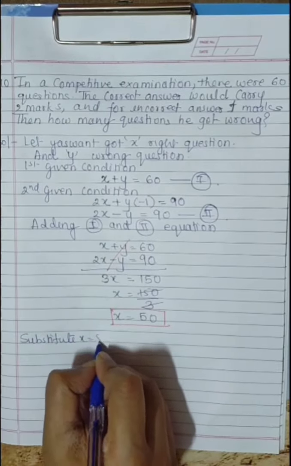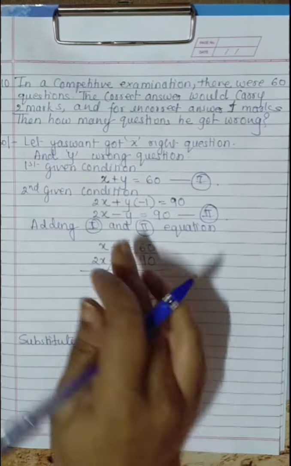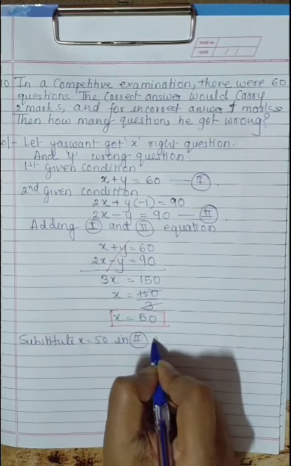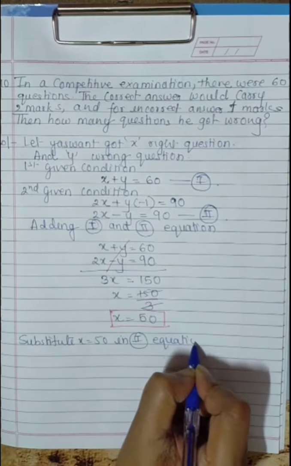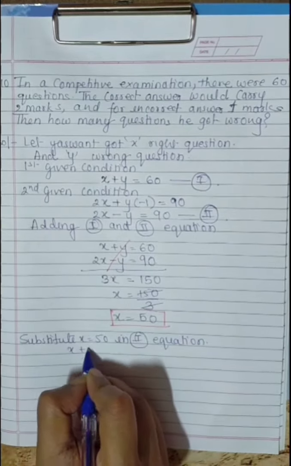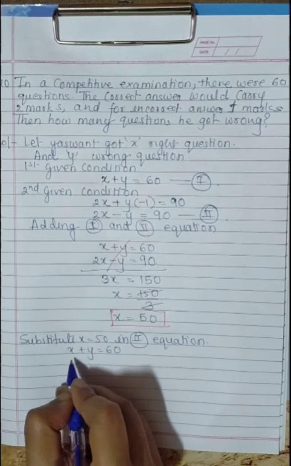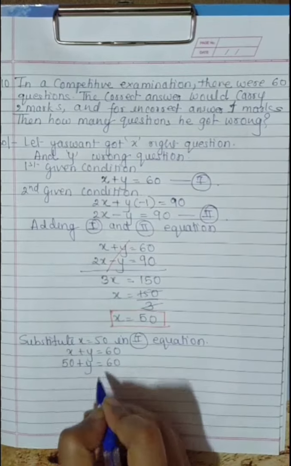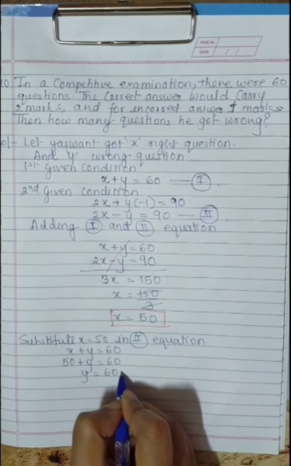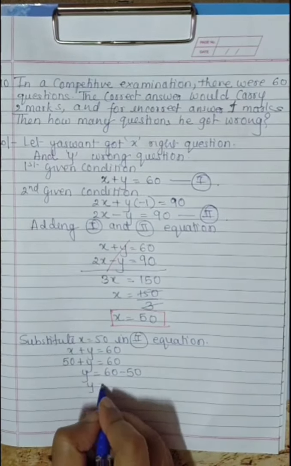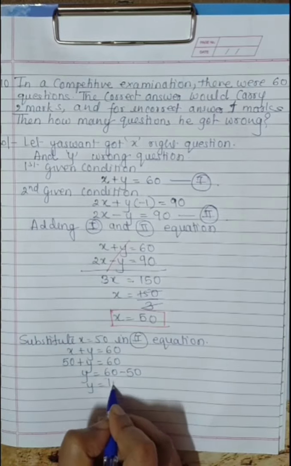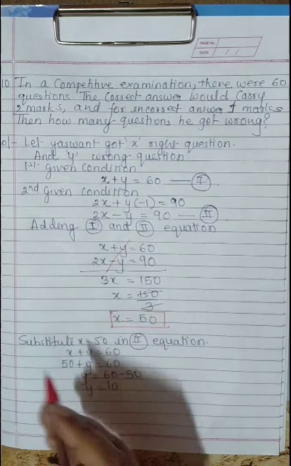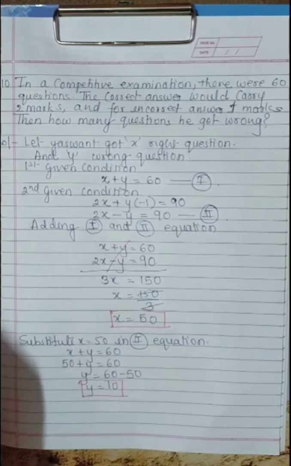Now we are going to substitute the value of x, which is 50, in the first equation. Okay, now x plus y is equal to 60. In the place of x we'll write 50 plus y equal to 60. y is equal to 60 minus 50, and when we subtract, we'll get 10. So we got the value of y as 10.